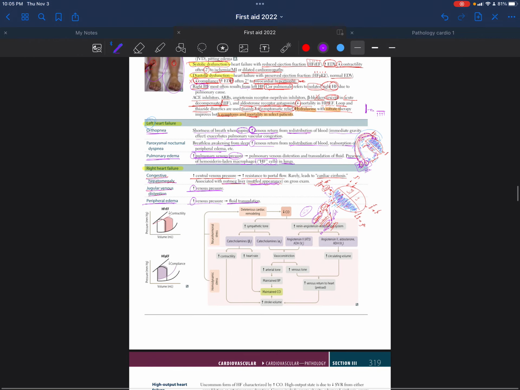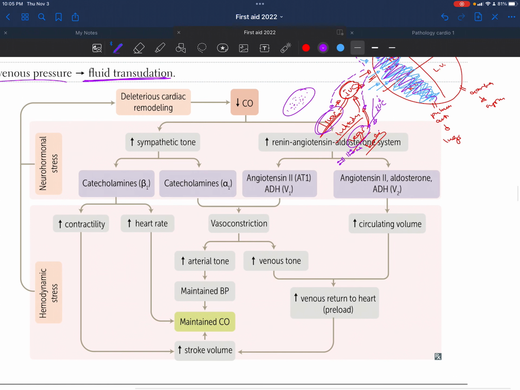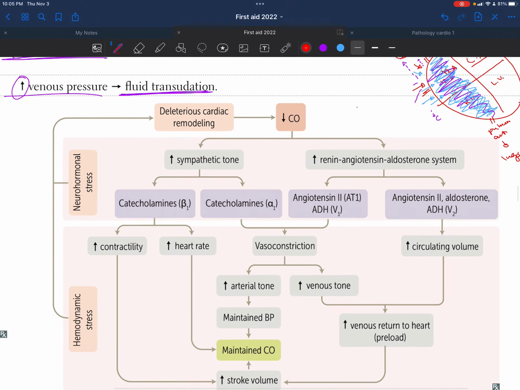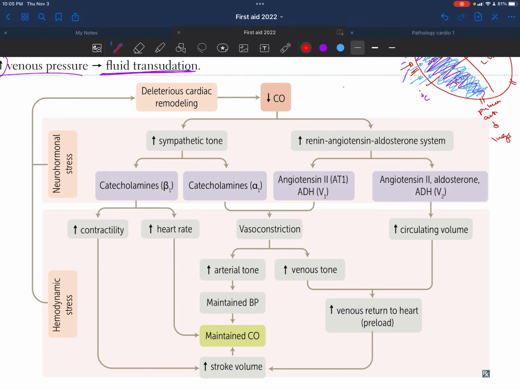So now if we want to take a look at this diagram over here, if you go one by one, basically what we have is the body's ability to compensate for the heart failure. This is what the body does in case it notices that the heart is not pushing as much as it's supposed to.